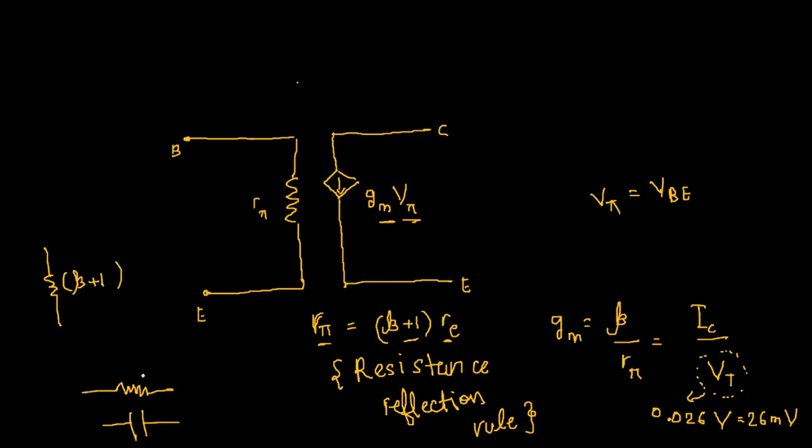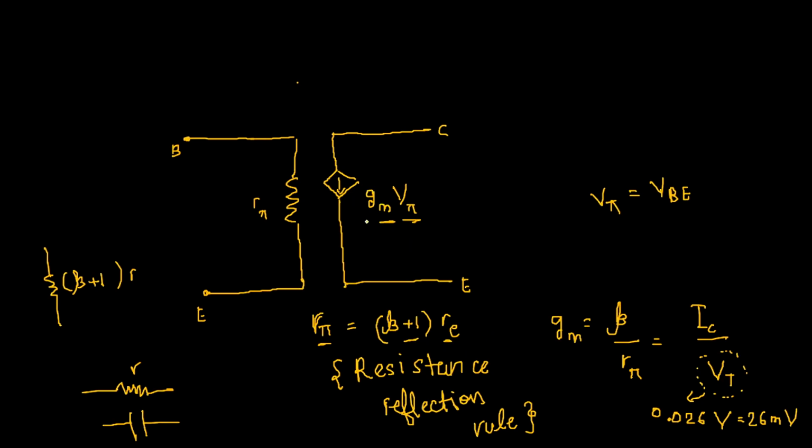So let's say we had a resistor of value R in the emitter branch. It's equivalent to there being no resistor in the emitter branch and a resistor of beta plus 1 into R ohms in the base branch. Because of that, we can say R pi, which lies in the base branch, is equal to beta plus 1 into RE.